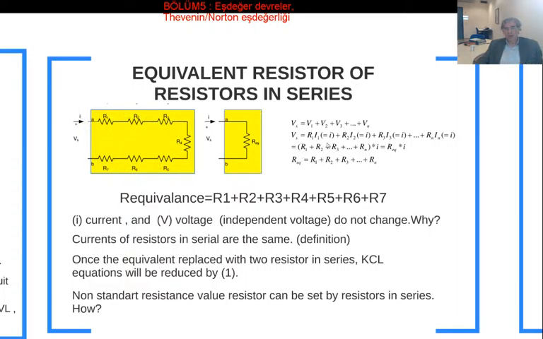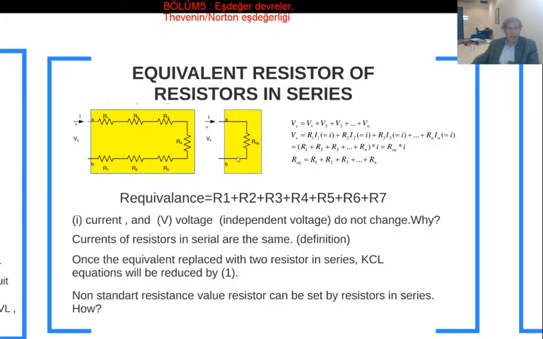If you put I in parentheses, the summation of the resistors comes. Now if I say that this is the equivalent circuit resistor, it's going to give the same Vs. That means you can replace all these resistors, the summation of these resistors, with the equivalent resistor. Nothing will change. That is the general rule and its application. This is for n resistors connected in serial, here just 7. So that is the equivalent resistance value.